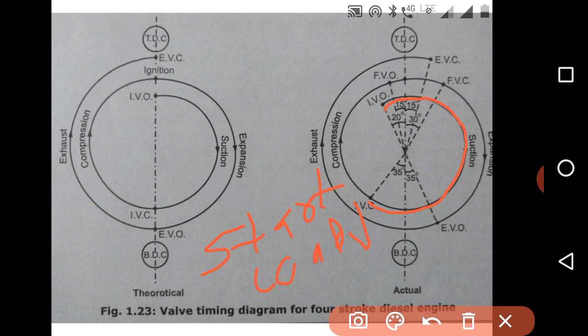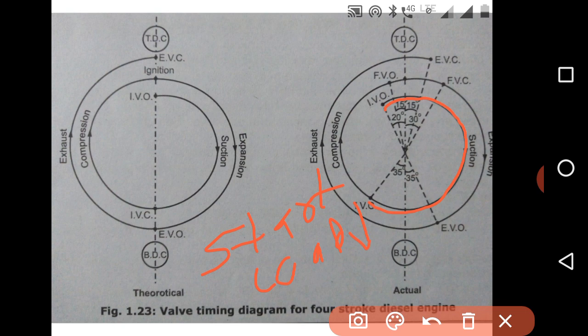We have to suck the least amount of charge inside the cylinder, so that we can produce less power to start the engine. So this is the first case: when we have to start the engine, we need the least amount of charge and we have to produce the least amount of power.